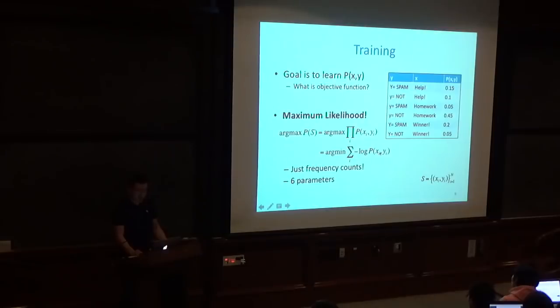In the case of this particular tabular model, it's just frequency counts. We simply count the frequency, so y equals spam, x equals help happens in 15% of the data points in the data that we sample.